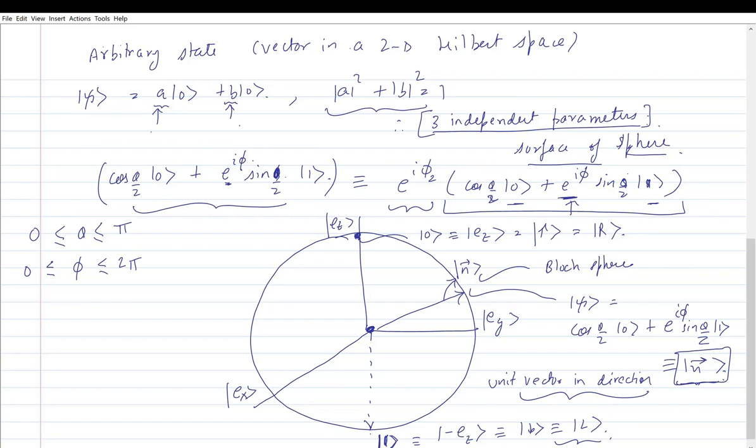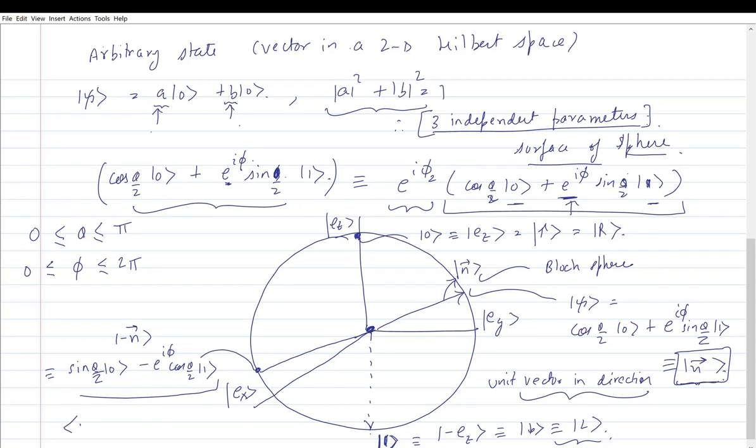And as you can see, this guy is going to be diametrically opposite to it. This is going to be minus n, or this guy is going to be sine theta by 2 |0> minus something, over here.